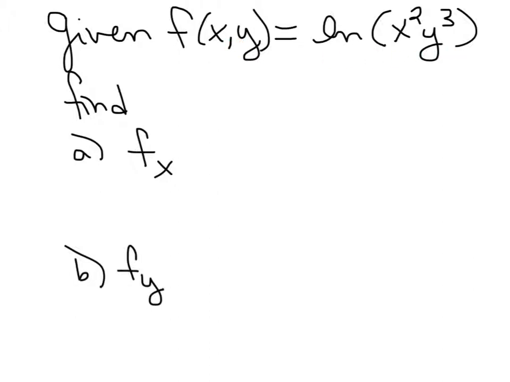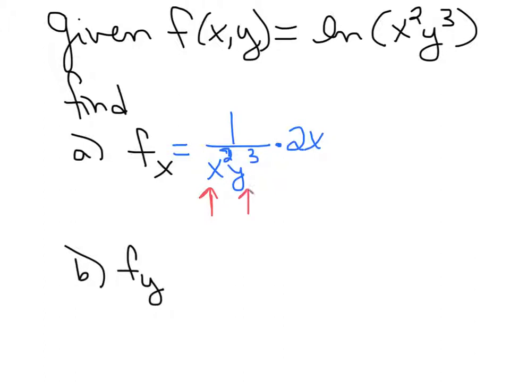F of xy tells us that they're both variables in this function. We want to take, for part A, the derivative with respect to x. Since it has an x in it, we have to take the derivative of this log function. The derivative of the log function is 1 over what's inside, which is x squared y cubed, times the derivative of what's inside. The derivative of what's inside with respect to x is 2x.